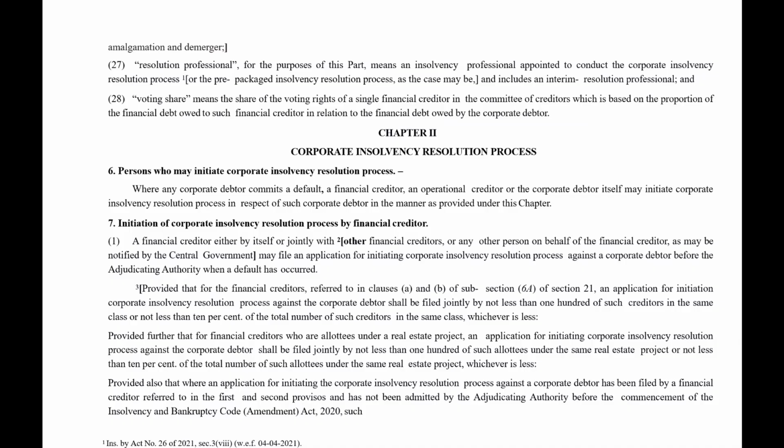Like in earlier cases, what we used to see was that the management continued to stay in control. Management was not divested of its powers. But in IBC, which is based on UK law, they say that if the existing management is not able to perform, then let the creditors take over.